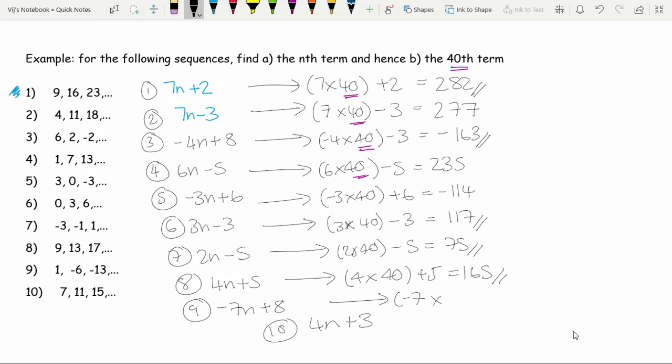Minus 7 times 40 is minus 280, plus 8, so it'll be minus 272. And finally 4 times 40 plus 3 is 163. So to find the 40th term, all we need to do is swap n for 40, and again 7n means 7 times n, 5n means 5 times n, etc.